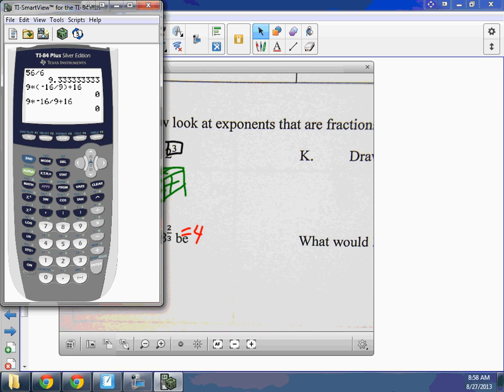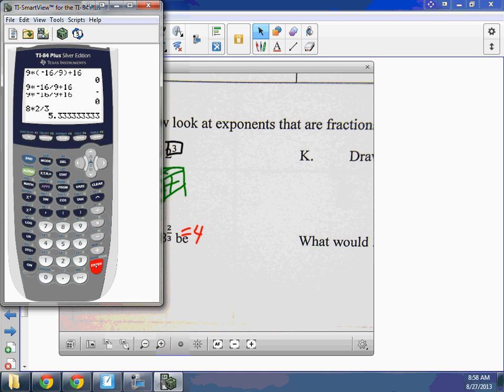So if I tried to take 2/3 of 8, 8 times 2/3, I get a decimal. But that's not what we're doing. We're taking the 2/3 power, the 2/3 exponent of 8. So 8 raised, and you might have to put parentheses around it.